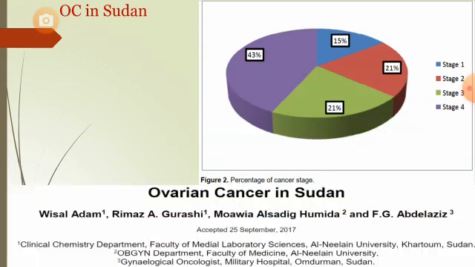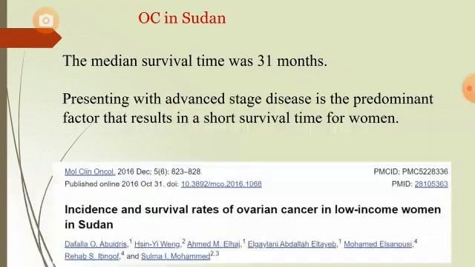And in this paper, most of the cases in Sudan present late, either in stage 3 or stage 4. Stage 4 accounts for 43% of the cases and 21% present in stage 3. So about 64% of the cases present either in stage 3 or stage 4.